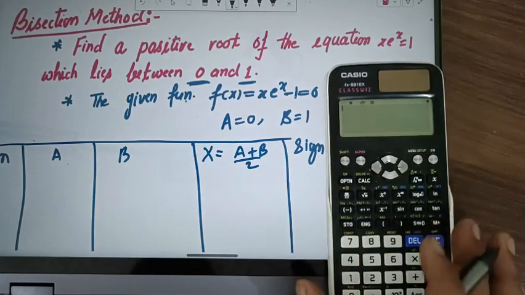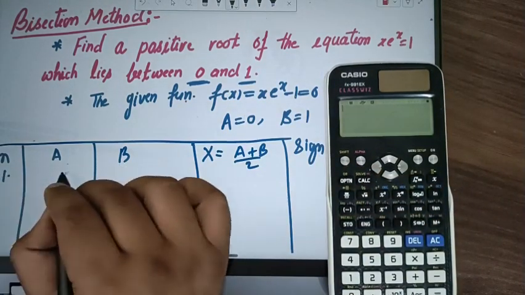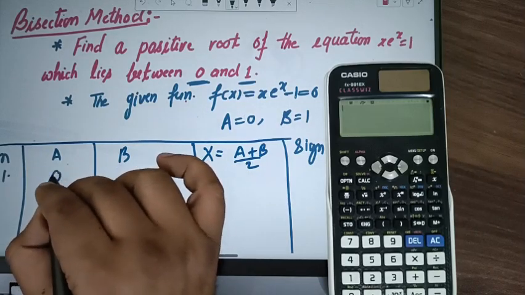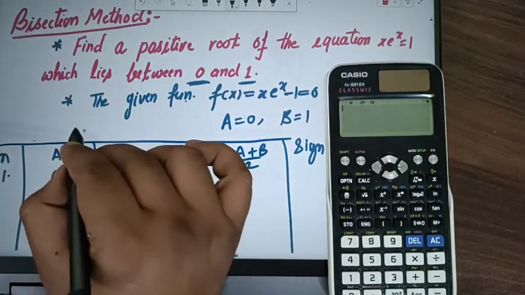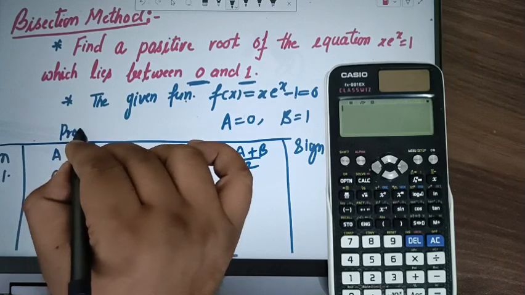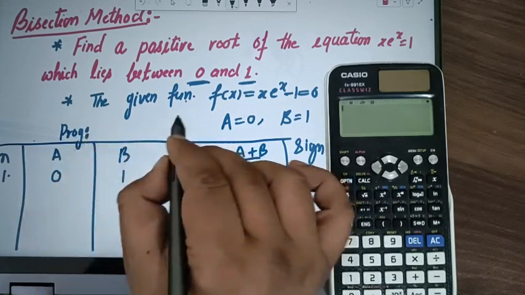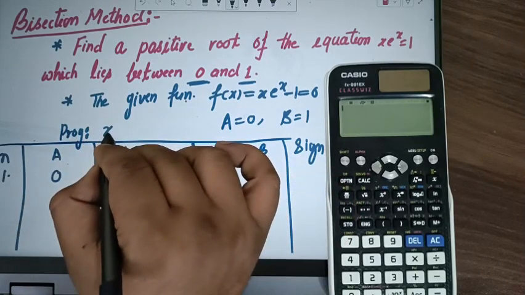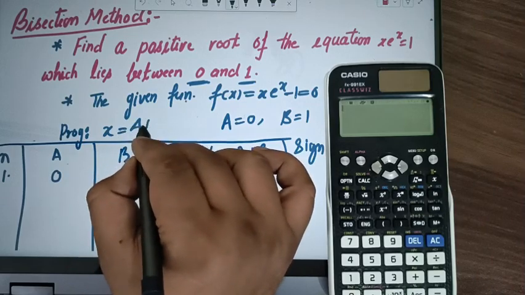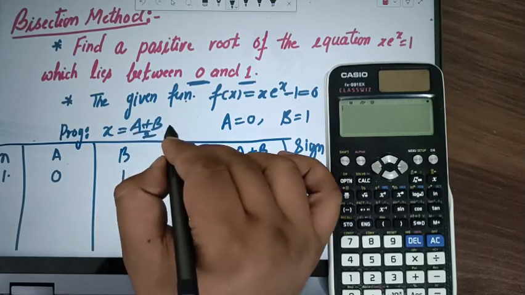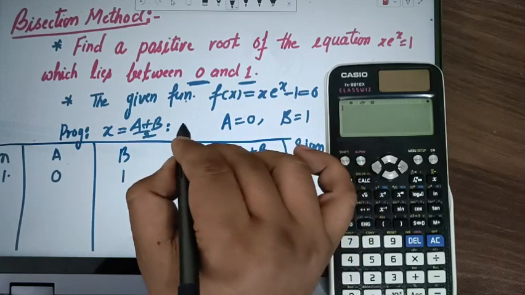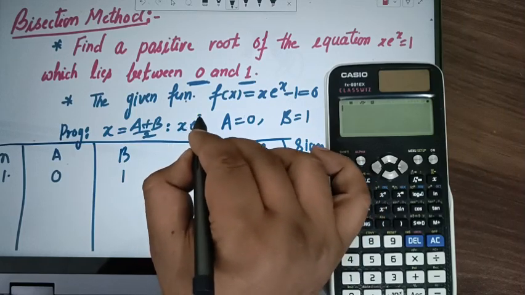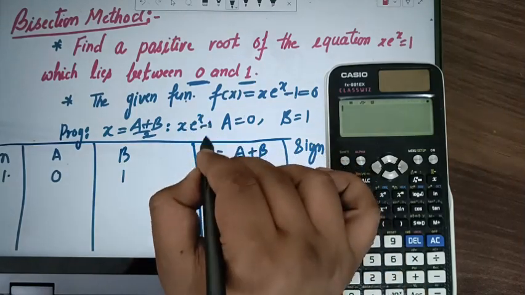So come on, now we start our methodology. In the first step the value of a is 0 and the value of b is 1. So what about the programming in your calculator for the bisection method? It will be very simple: x equals (a plus b) by 2. After that we will calculate the sign of the function, x e to the power x minus 1.